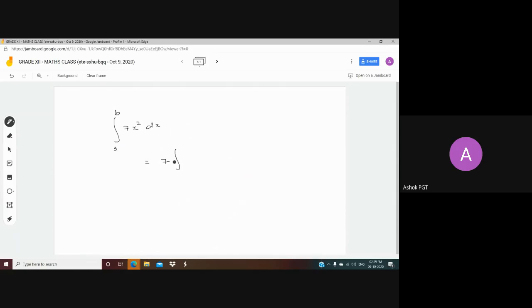We take 7 outside, integral of x square dx. We know that the integration of x power n dx is equal to x power n plus 1 divided by n plus 1 plus c. So integration of x square is x cube divided by 3, and then we have a lower limit as 3, upper limit as 6.